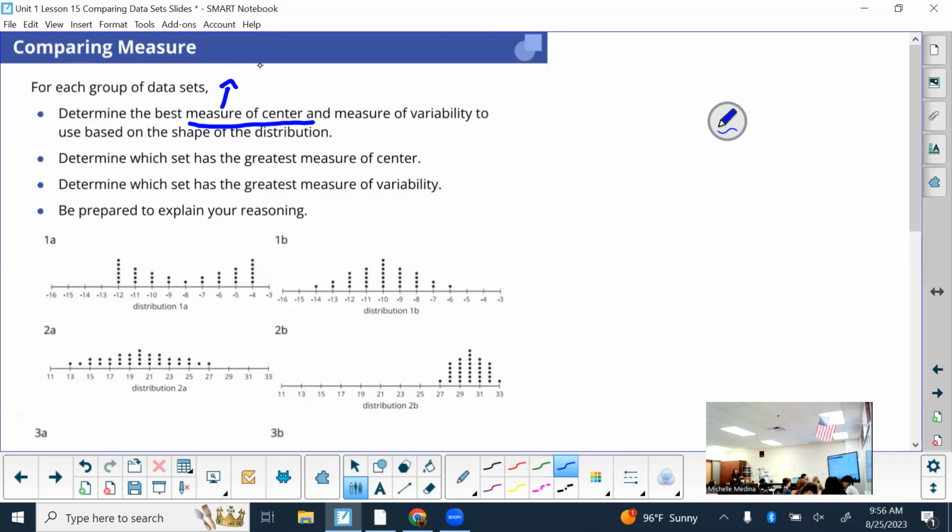Measures of center are what? We've talked about it like 5 times already today. I'll come back to you. The question is, what are some measures of center? Table 2, what are some measures of variability?